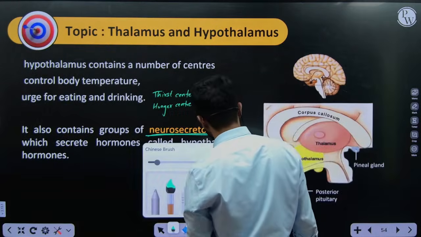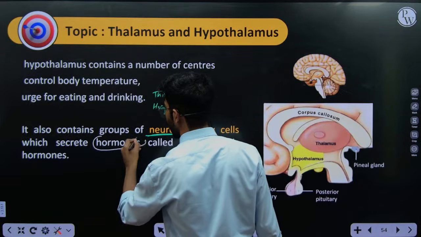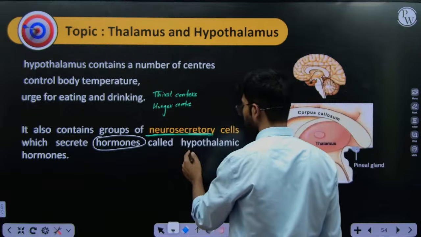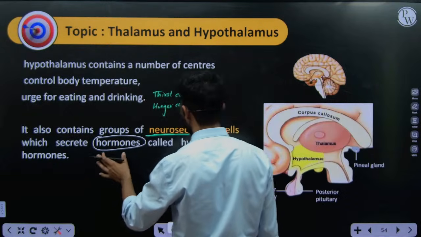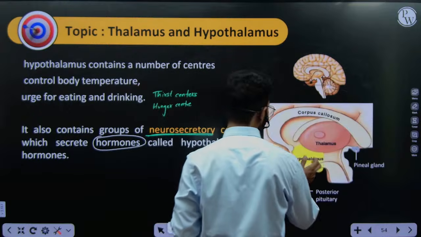That means they secrete hormones, also called hypothalamic hormones, because they are released by the hypothalamus itself.